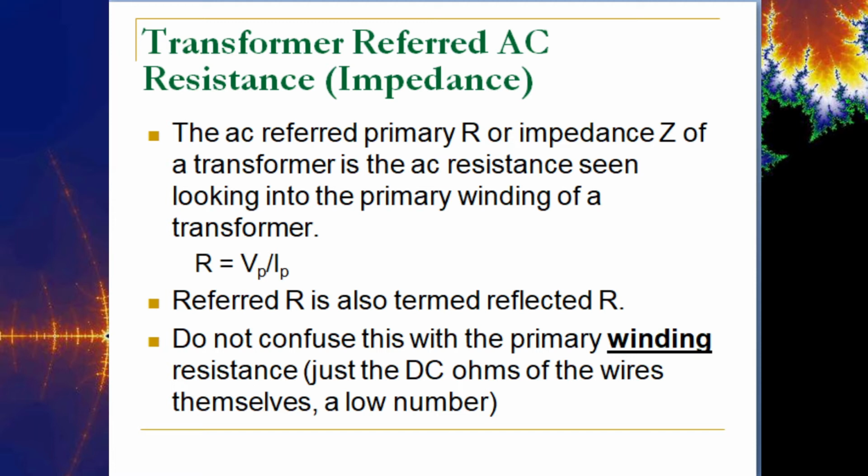Now this, you'll see in a second, has something to do with the load that's attached here. Now don't confuse this with the primary winding resistance, where if you were to disconnect the transformer and just take an ohm meter and measure the coil resistance, that's different. We're not talking about the physical windings, the resistance of those windings.